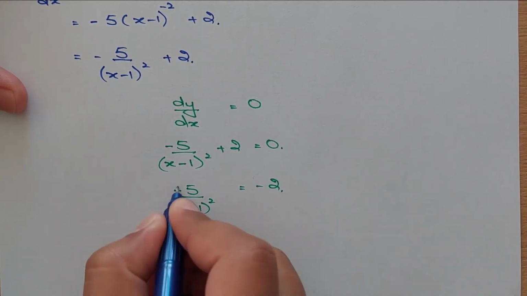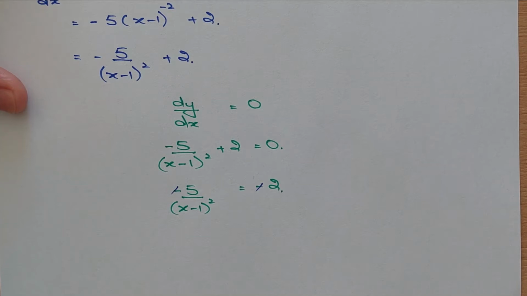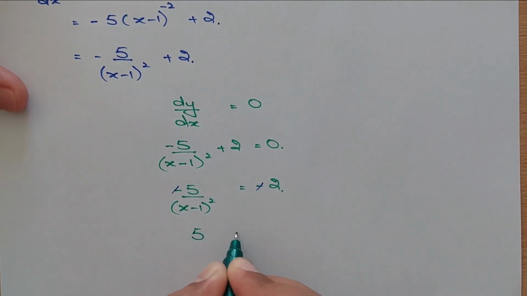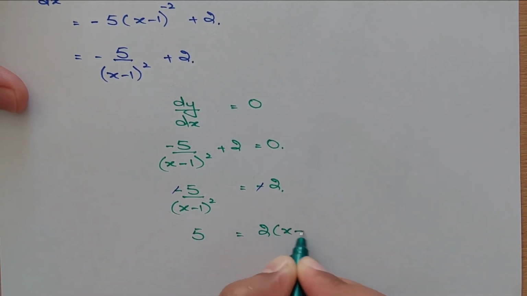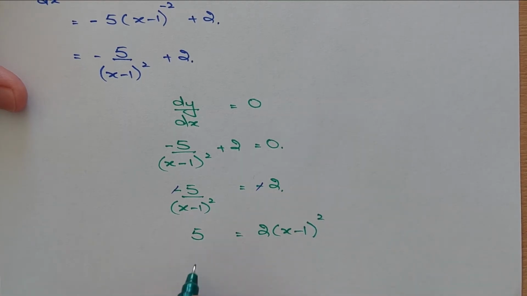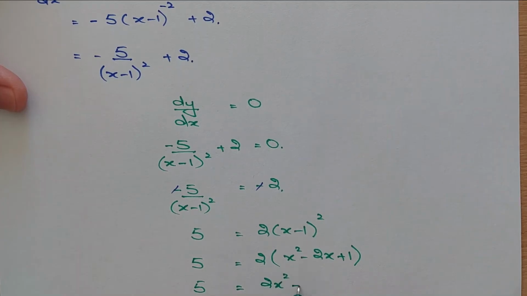We can easily cancel the minus signs on both sides and cross multiply: 5 equals 2 multiplied by x minus 1 whole square, right? Opening the square, x square minus 2x plus 1, multiplied by 2, so 2x square minus 4x plus 2, right? Shifting this 5 to the other side.